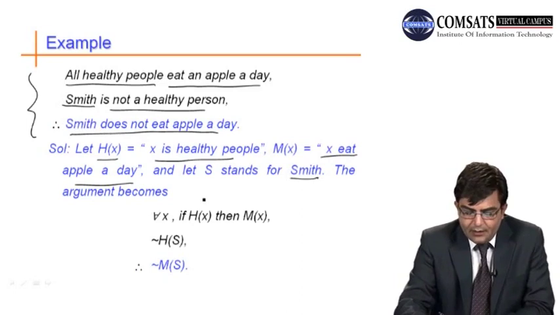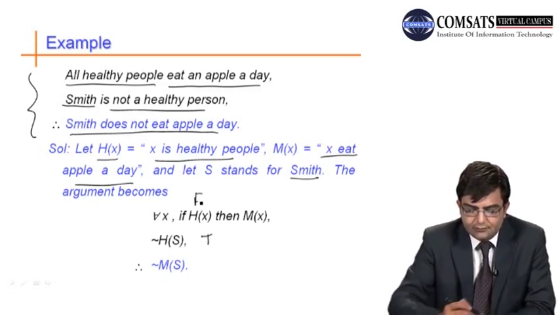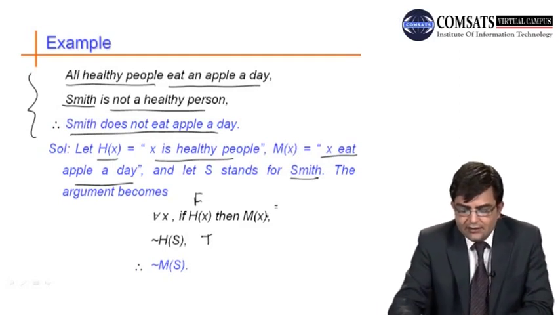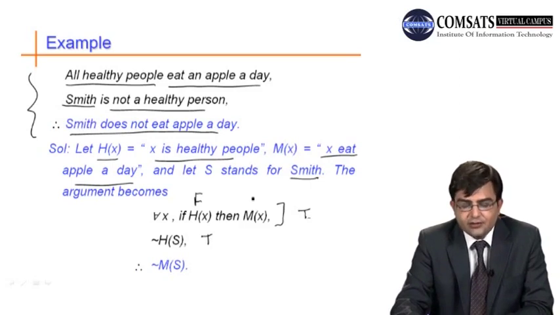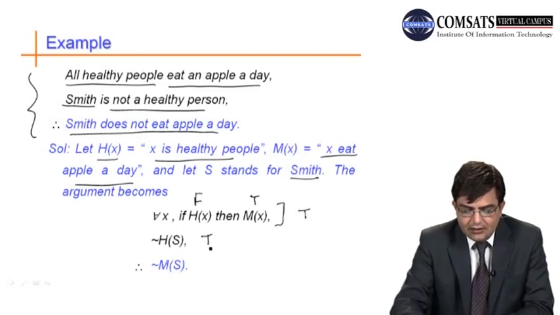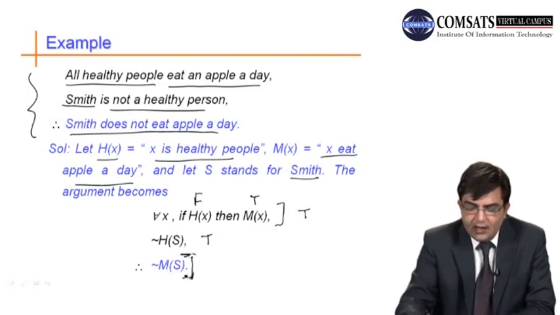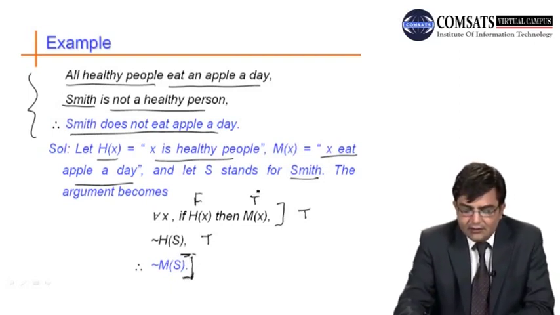Now if not h of s is true, then the hypothesis will be false, and this statement is in general true, and even then this conditional statement is true, then we cannot conclude that not m of s is true, because here there is a possibility that m of x could be false.